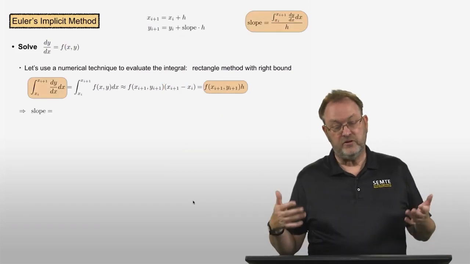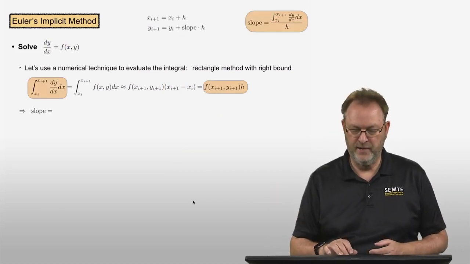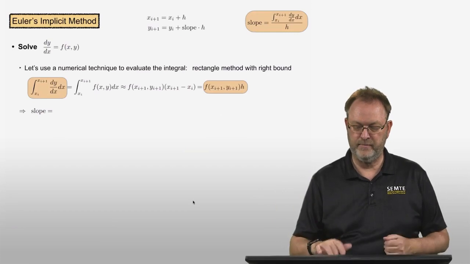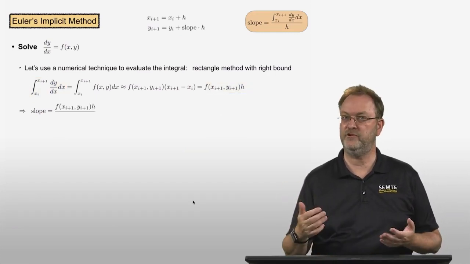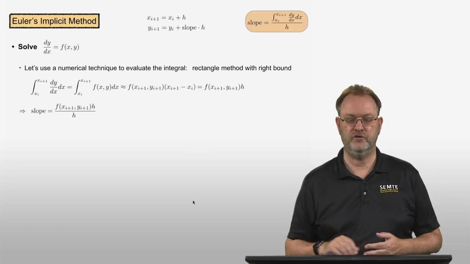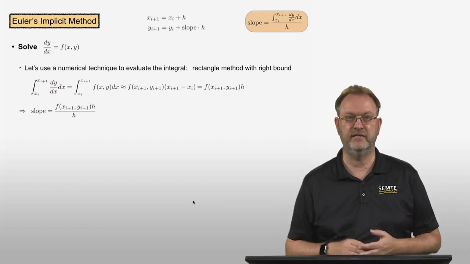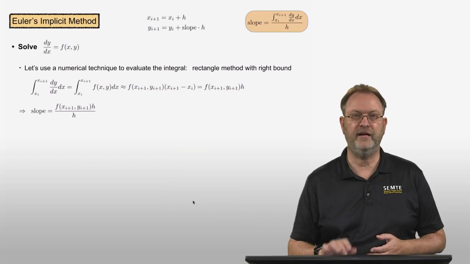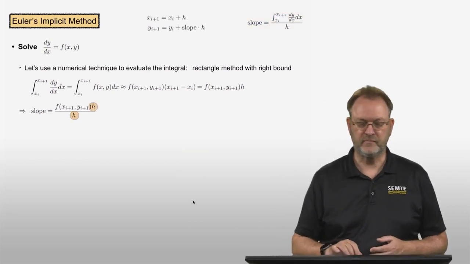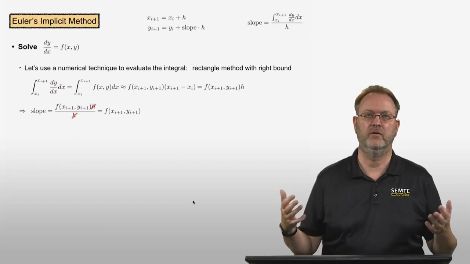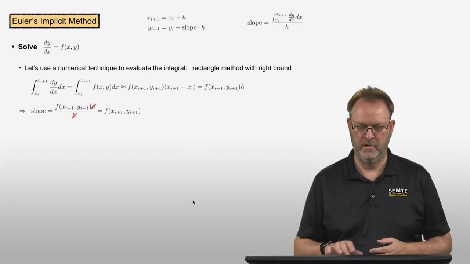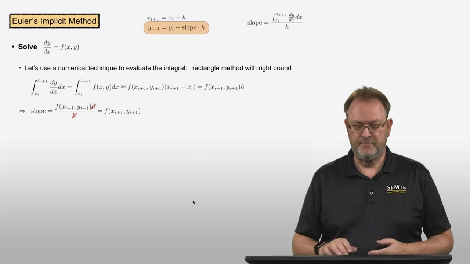All right, so that means the slope would then be this integral divided by h. So it's f at x_{i+1}, y_{i+1} times h, divided by h, so the slope will be approximated by simply the function evaluated at x_{i+1} and y_{i+1}. Good, let's plug this into the update formula.